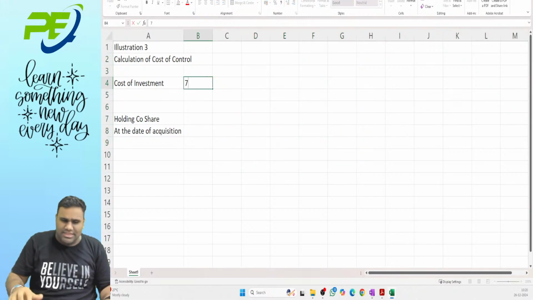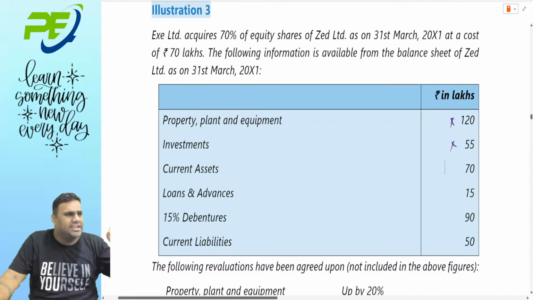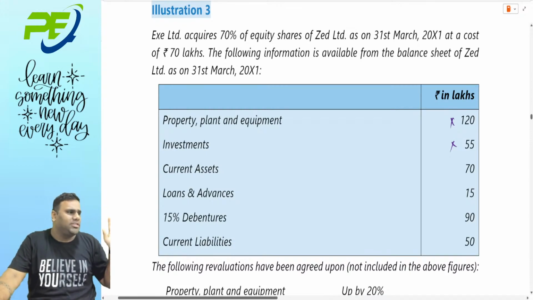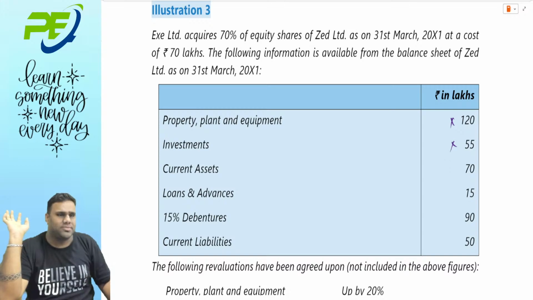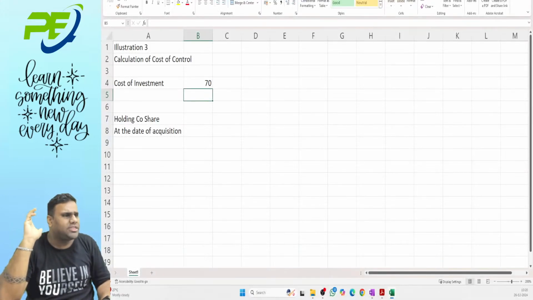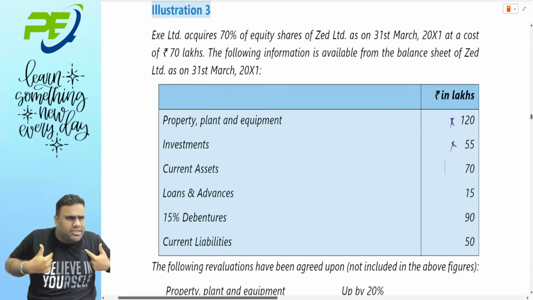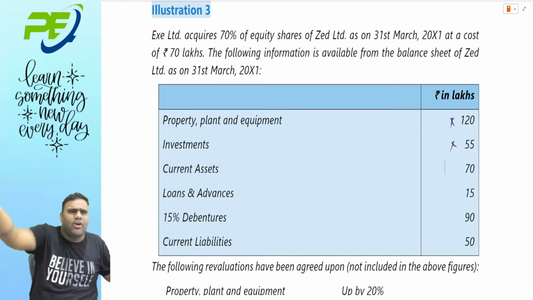Cost of investment is directly given in the problem. Everyone, in consolidation, time and again I'll do wrong things. Time and again you'll get confused about what was right and what was wrong, because that's what students do in the exam. So why are you required to know the number of shares? They acquired 70%. They gave 70 lakh as cost of investment.